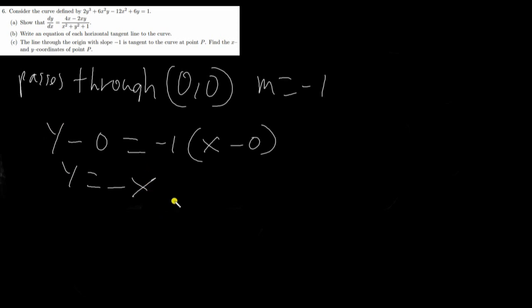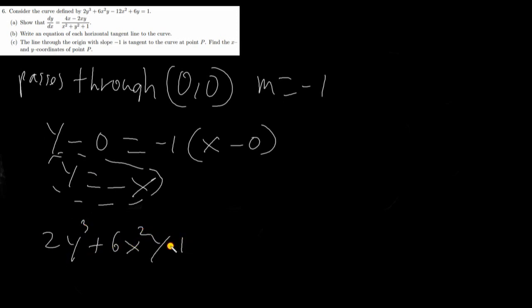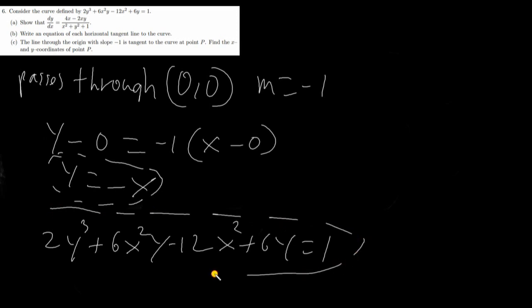And this is tangent to the curve at point P, right? So at some point P, this equation, y equals -x, and the curve 2y cubed plus 6x squared y minus 12x squared plus 6y equals 1, intersect.